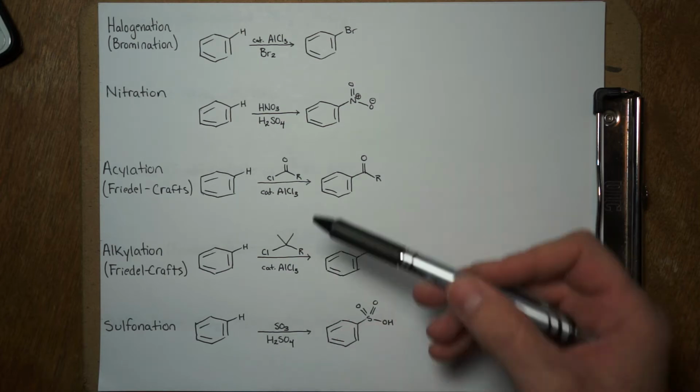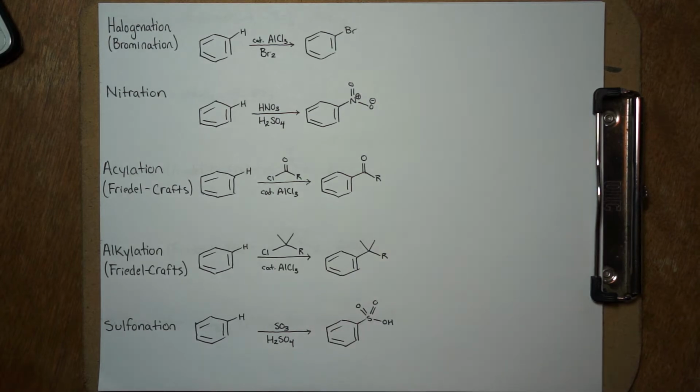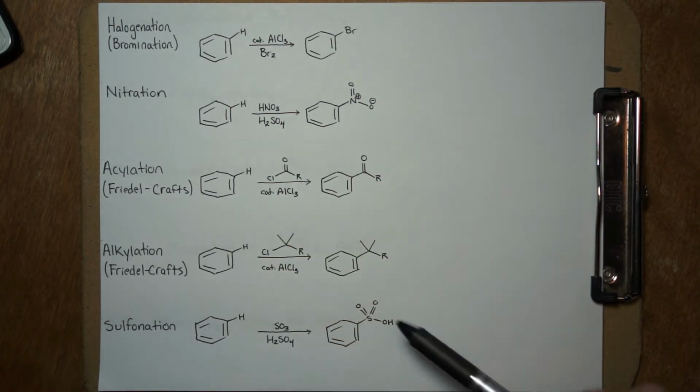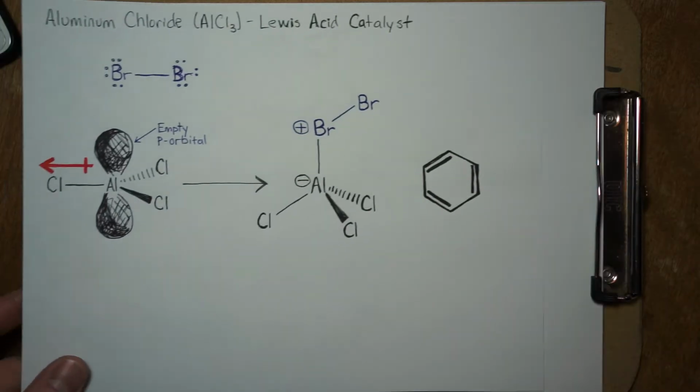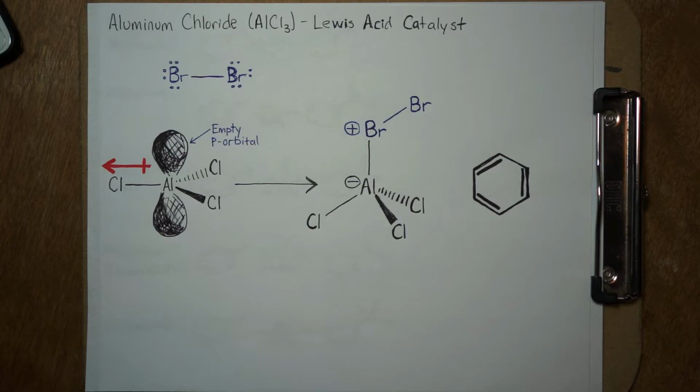All right, so you can see that this is not the only reaction where we're using a catalyst, an aluminum chloride catalyst. The acylation and the alkylation, what's referred to as the Friedel-Crafts acylation or Friedel-Crafts alkylation, also use an aluminum chloride catalyst. So it's going to be important to understand a little bit about how aluminum chloride functions in this reaction. Okay, so we always tout the relationship between structure and function in organic chemistry.